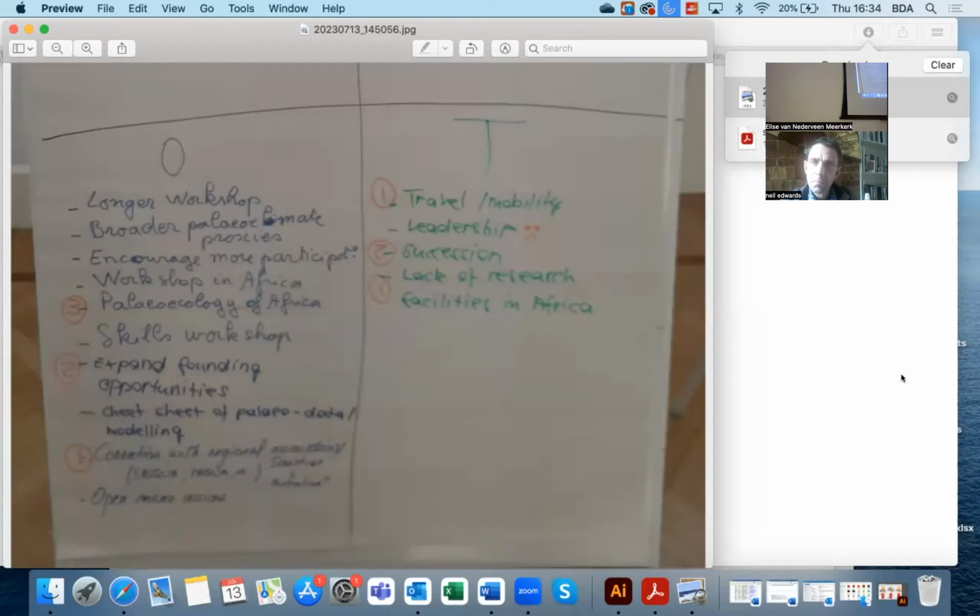Something that I think could be an easy output for this group is some form of summary, like a cheat sheet of paleo data modeling, summarizing in one place all the tools that are accessible and usable by the community, where to find simulation data, just a very simple document.